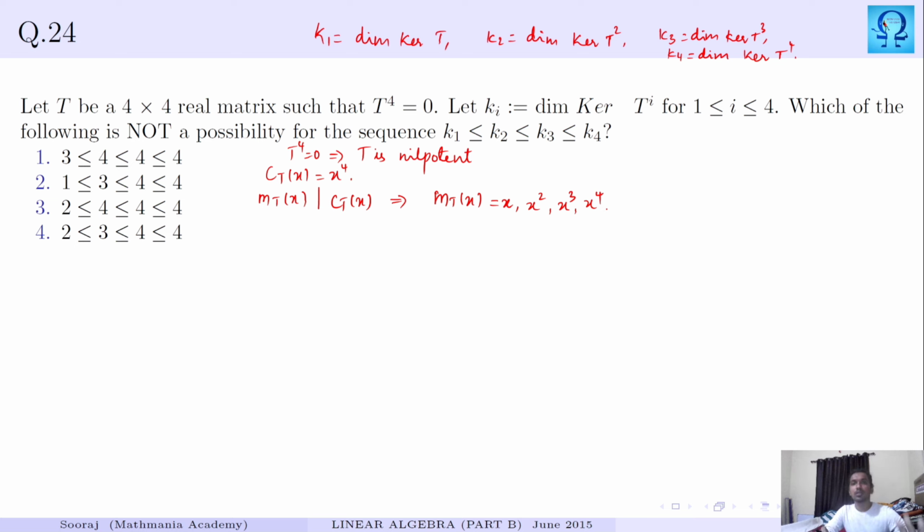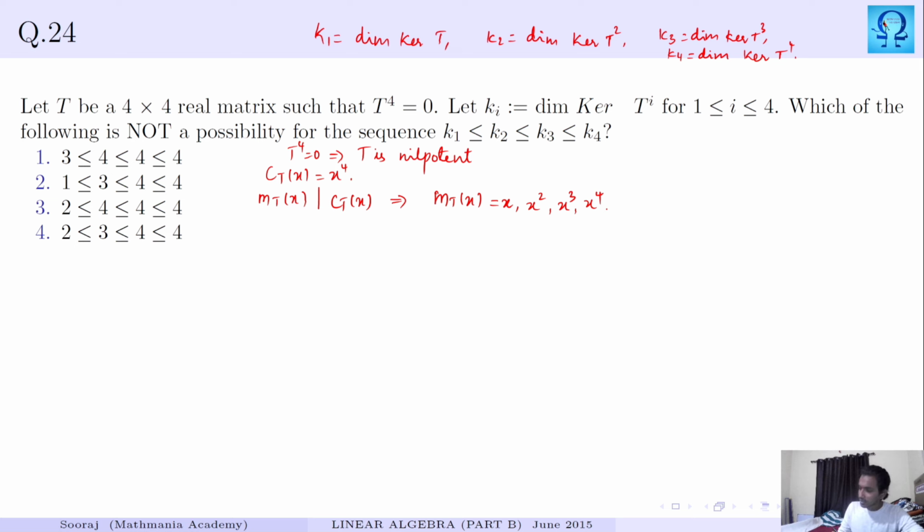With which we are going to proceed further. And remember one more thing, here T is given to be a 4 by 4 real matrix satisfying certain conditions, but we do not know what actually T is. So whatever we have to say for T, that can be said for the associated Jordan canonical form. That is what we are going to take.